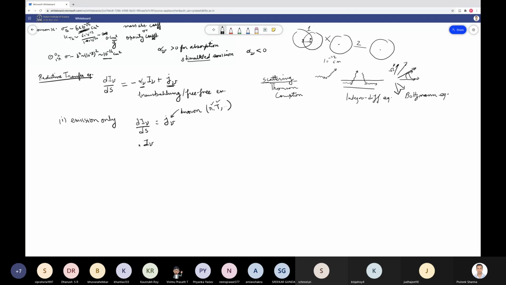I nu equals j nu ds, so we just integrate it along the beam. This will give you I nu at a distance s equals I nu naught, the intensity at s equals 0, plus the integral.